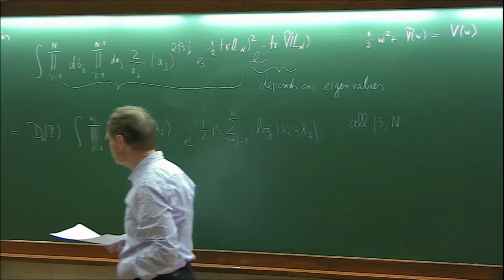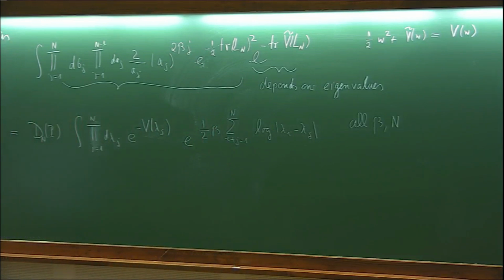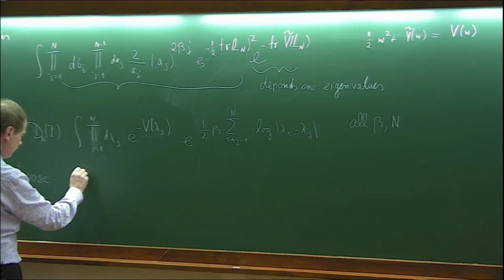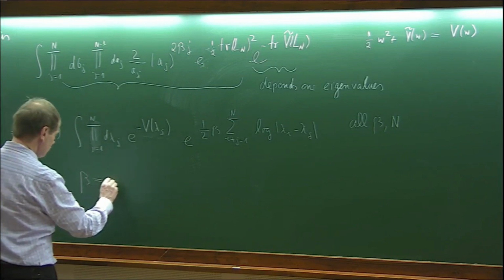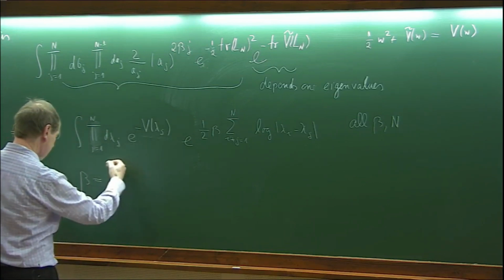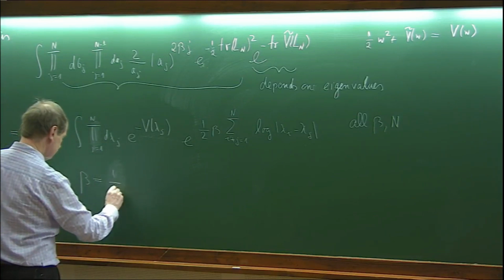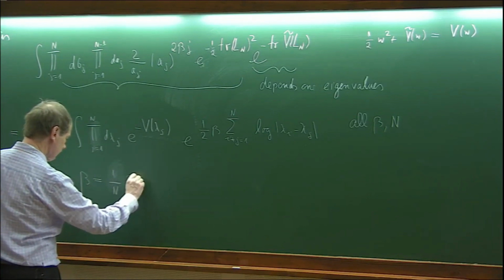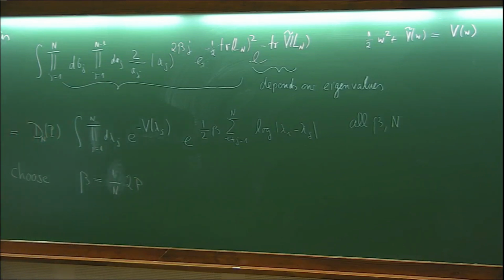Okay, so fortunately, there's a very simple idea. I still have the freedom to choose beta. Choose beta to be 1 over n times 2p. And now, rather than rewriting the formulas, let me just do this by hand.